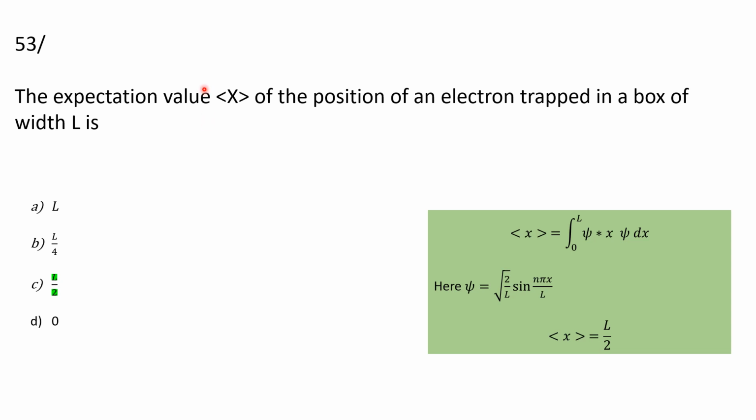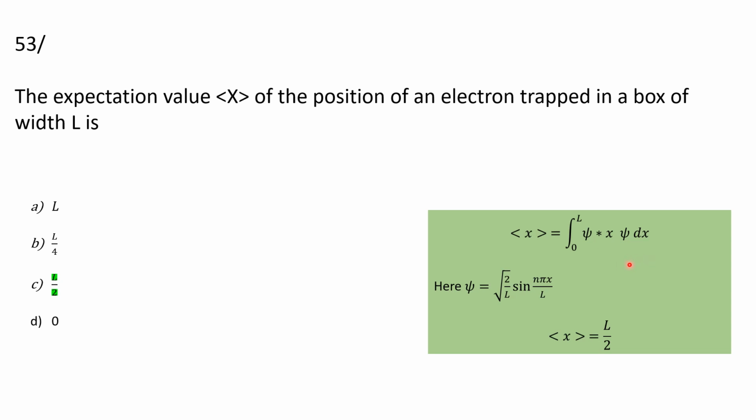So in this question we have to calculate the expectation value of x, that is the position of the electron trapped in a box of width L. So we know the formula for the expectation value, that the expectation value of x is equal to integration over 0 to L psi star x psi dx whole divided by integration over 0 to L psi star psi.